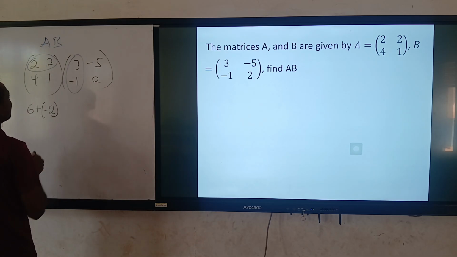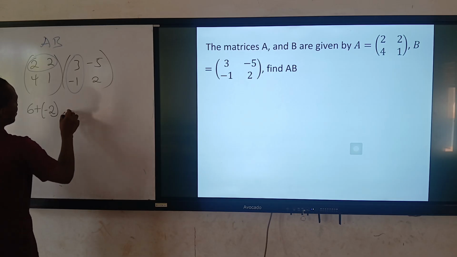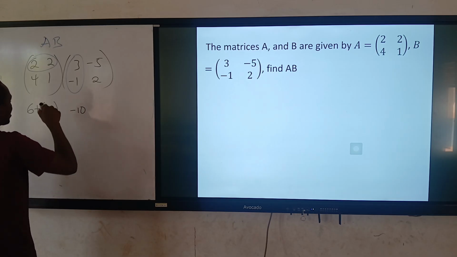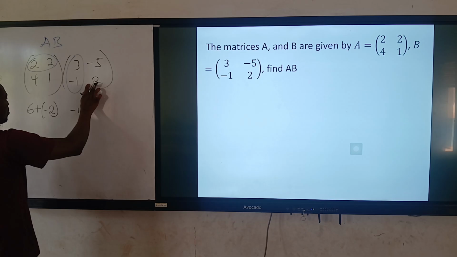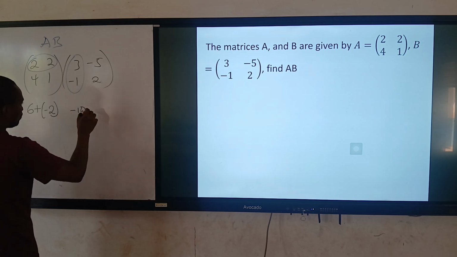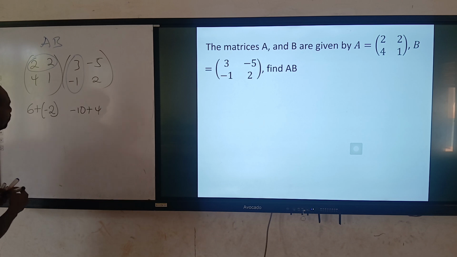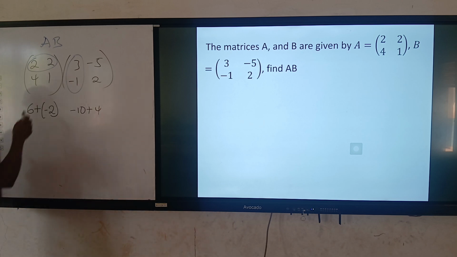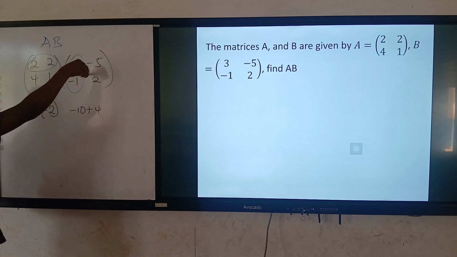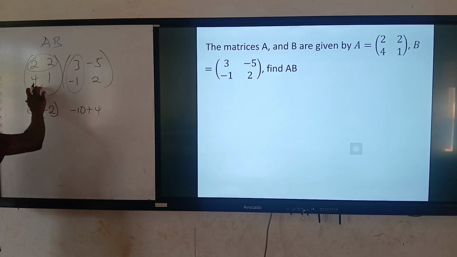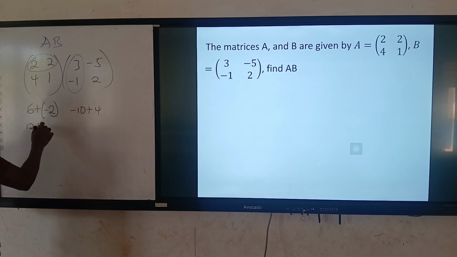2 times negative 5 gives negative 10, then plus this 2 times this 2 gives 4. Excuse me. Then you take the second row and multiply by the column again. So 4 times 3 gives 12, plus 1 times negative 1 gives negative 1.